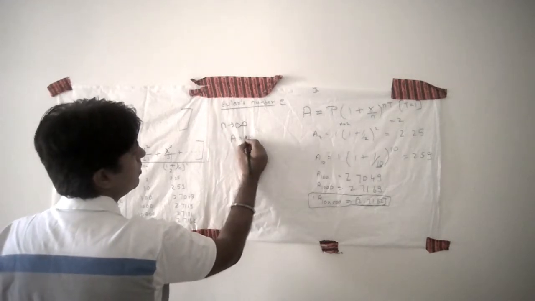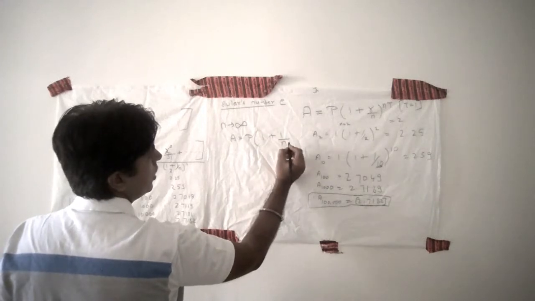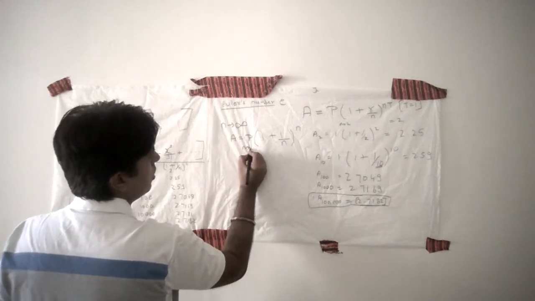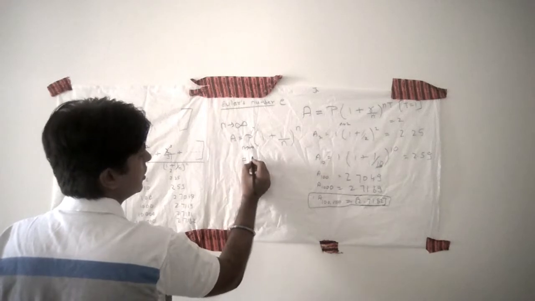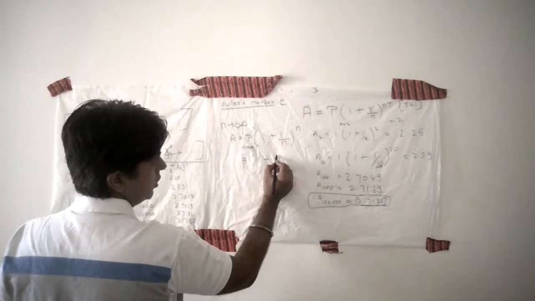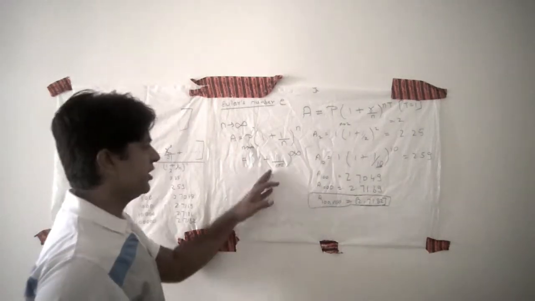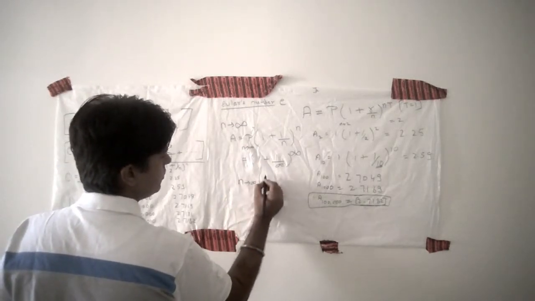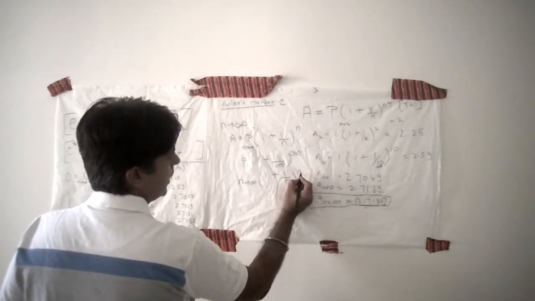This will become P(1 plus 1 by n), where n is tending to infinity, to the power n, right? My P is 1, so I'm not going to write it further. This will become 1 plus something like, if n equal to infinity, this will become 1 plus 1 upon infinity to the power infinity, right? But infinity is undefined, so we'll write it like that. n tends to infinity, (1 plus 1 by n) to the power n.